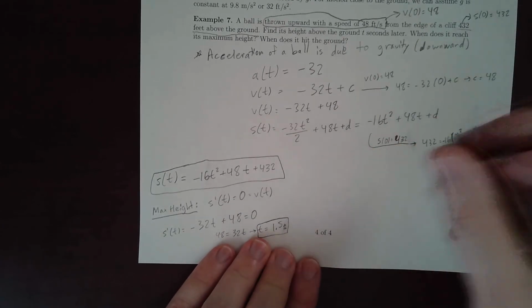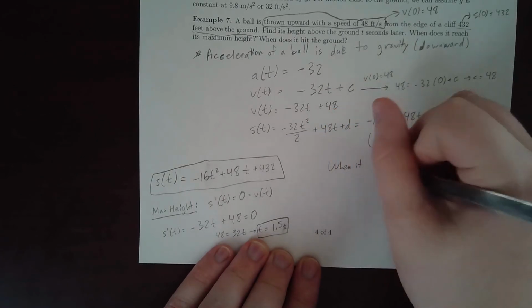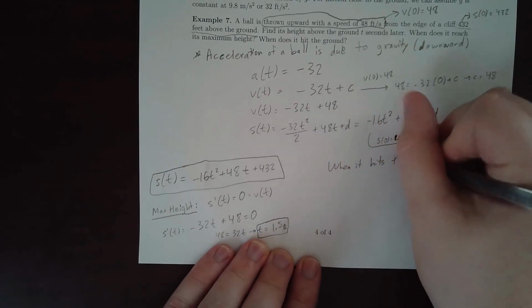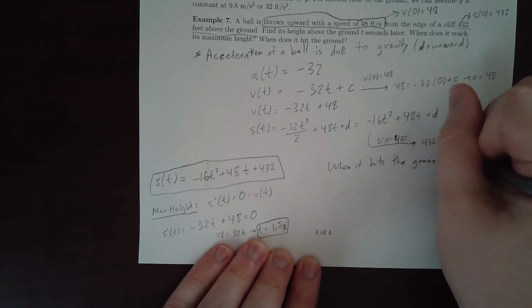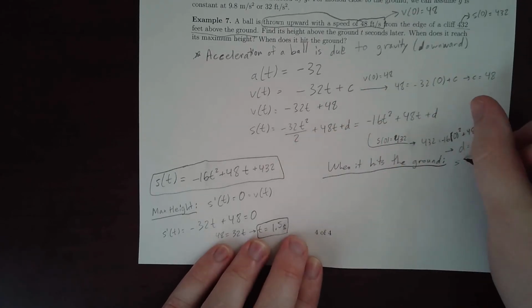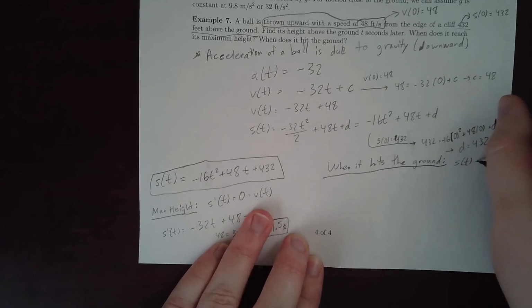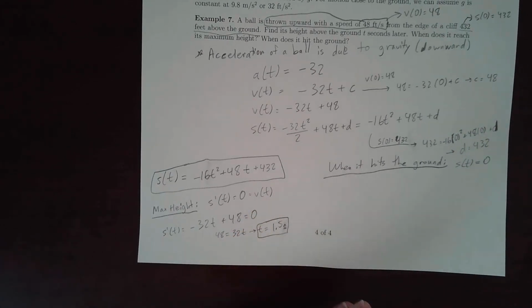Now we want to know when it hits the ground. And when it hits the ground, what should happen is s of t should be equal to 0. So we want to know when that happens.